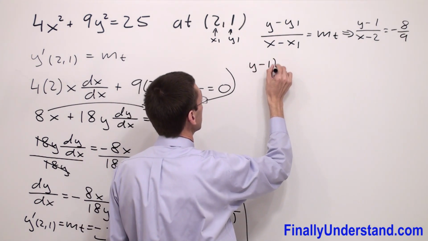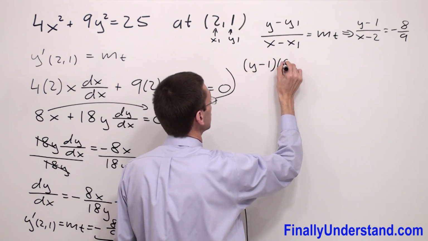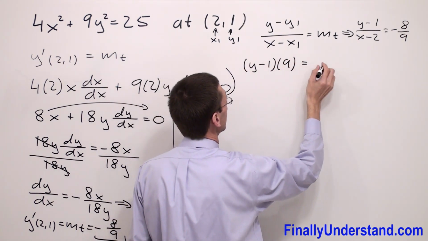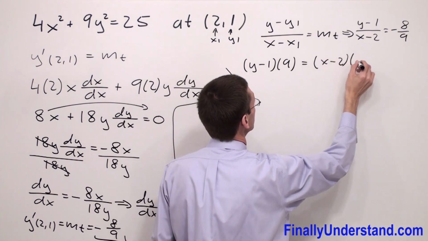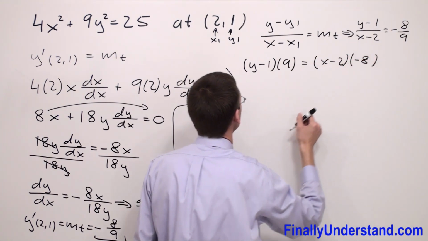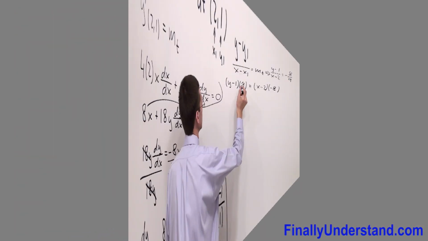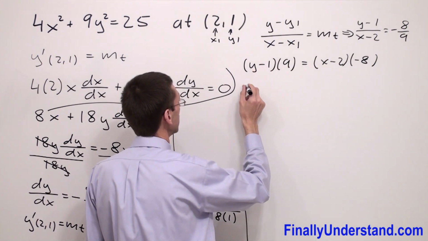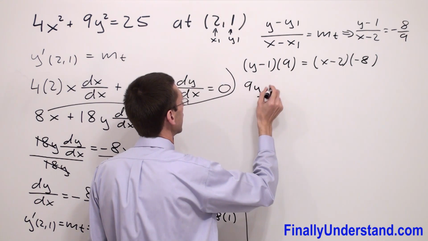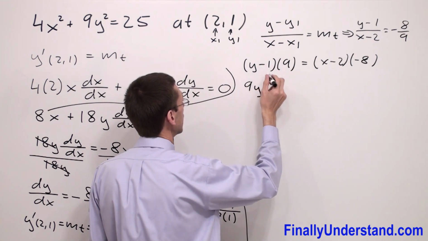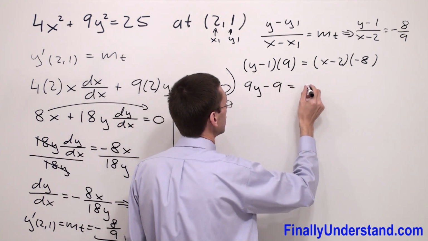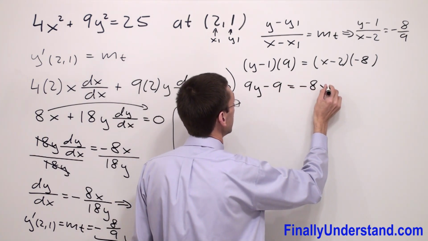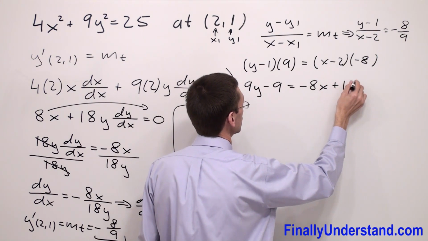(y minus 1) times 9 is equal to (x minus 2) times negative 8. And I'm going to have 9 times y is 9y, 9 times negative 1 is negative 9, is equal to negative 8x plus 16.